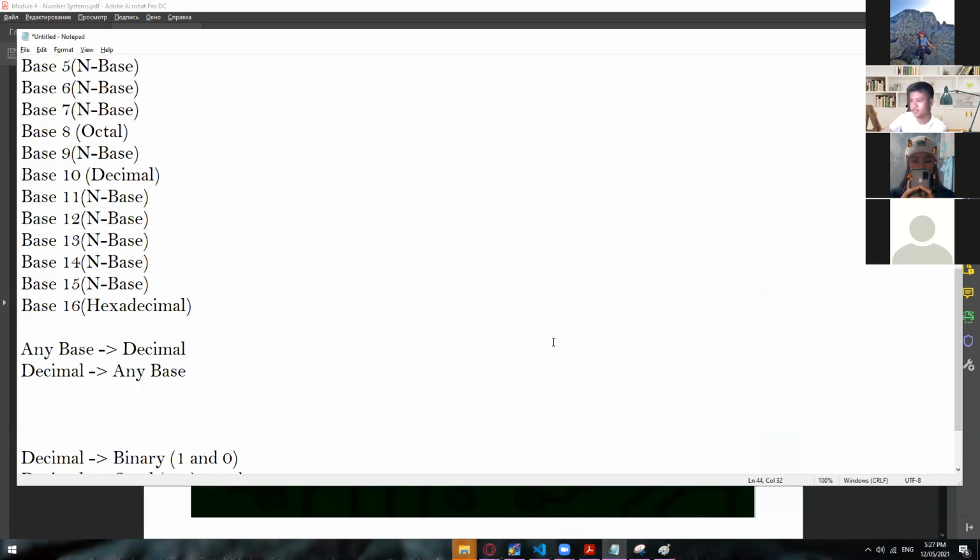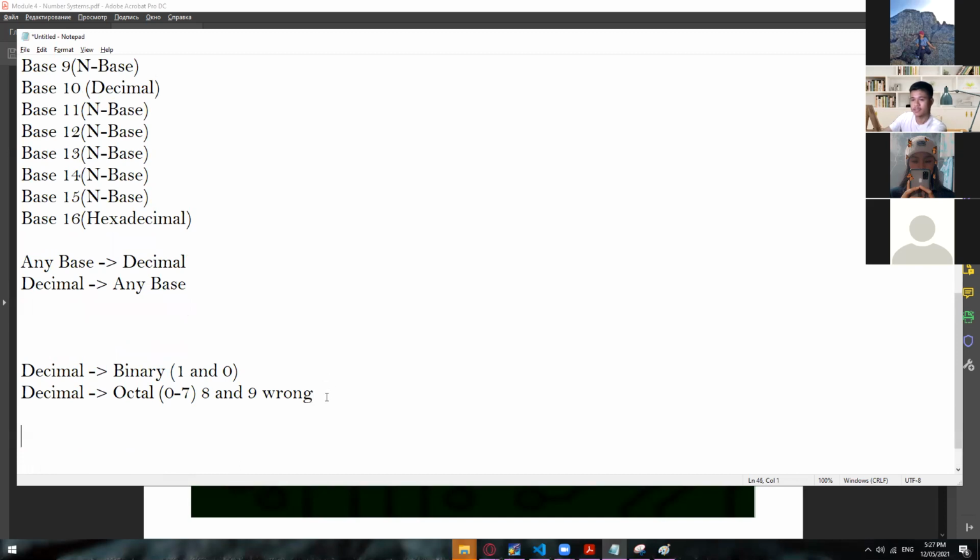That is because in octal, you only have 3 digits or 3 bits only. Because 4 bits is made for hexadecimal, or rather, it could be base 9 and above.